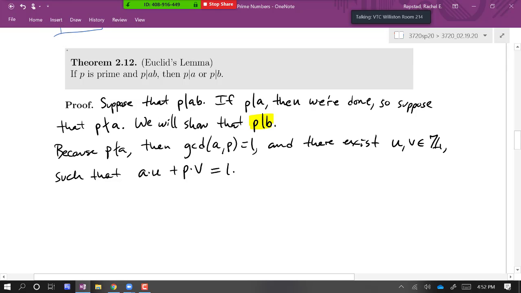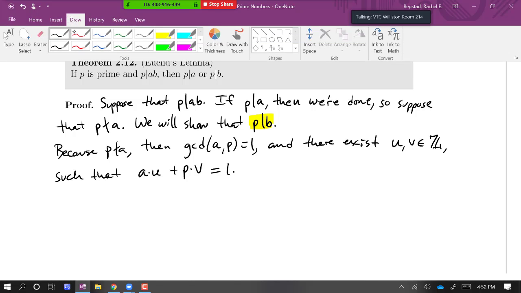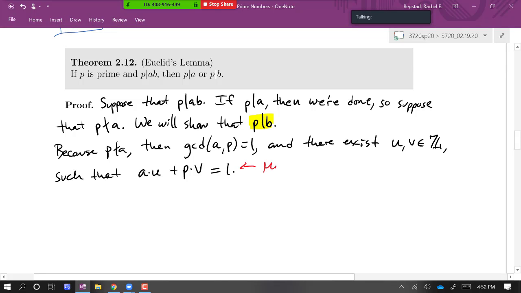We're trying to show P divides B. We have this nice equation, but B is nowhere to be found. So let's put it in there. Let's multiply by B. So we have AUB plus PVB is equal to B.